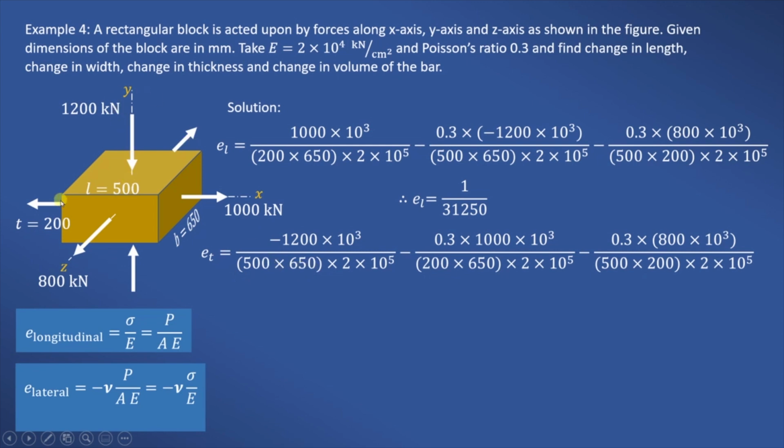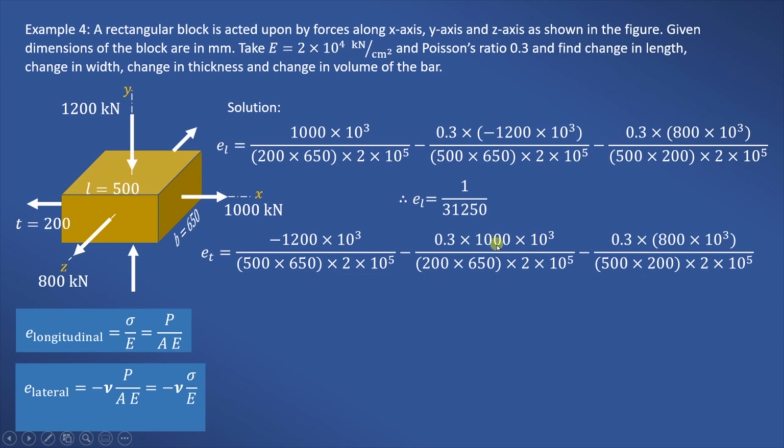Then corresponding cross-sectional area. With reference to the y-axis, cross-sectional area is 500 into 650. And Young's modulus. Now because of the 1000 kilonewton load, strain in thickness is lateral strain, so 0.3 times P upon AE.